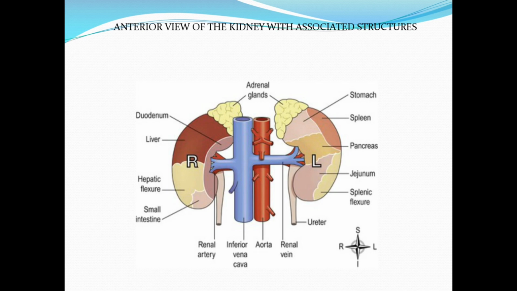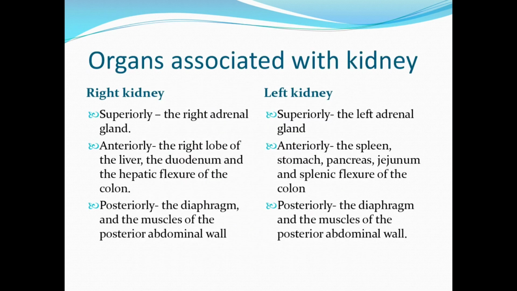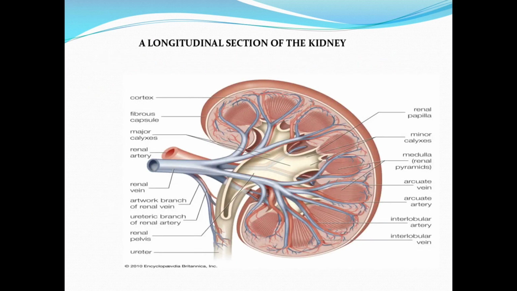So as I discussed, we have discussed only the anterior and superior views. The posterior view of the right kidney has associated organs like the diaphragm and the muscles of the abdominal wall. The same with the left kidney. This is a beautiful longitudinal section of a kidney. On a cross section, the kidney shows a cortex, a fibrous capsule, and the major calyx.